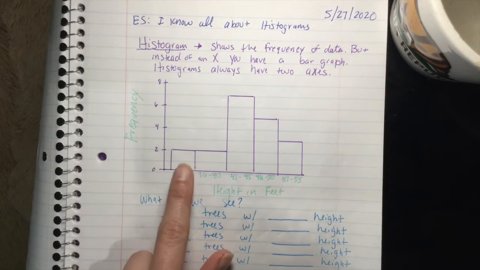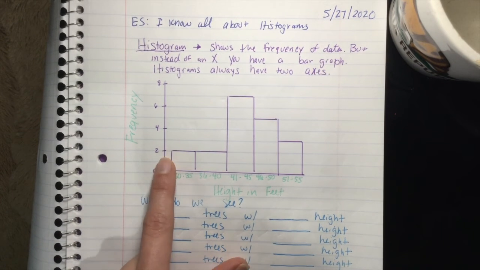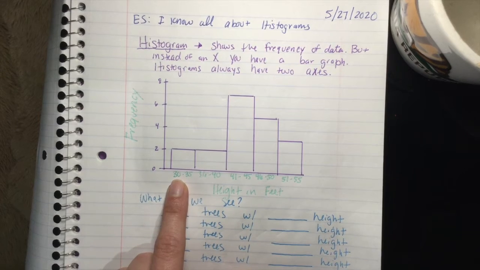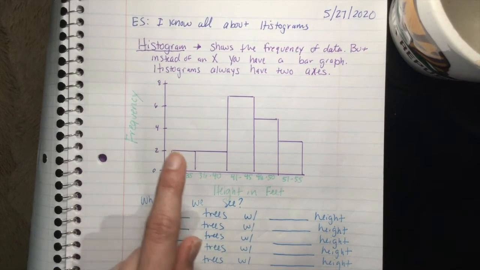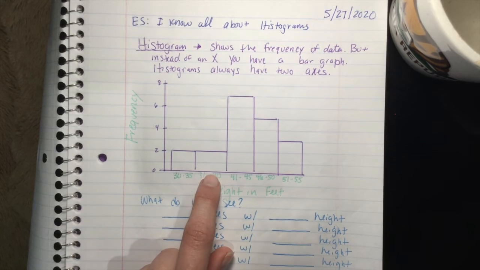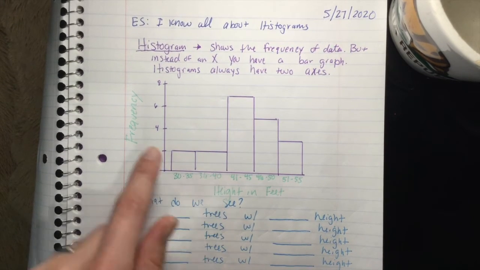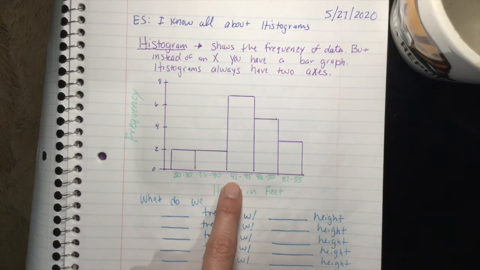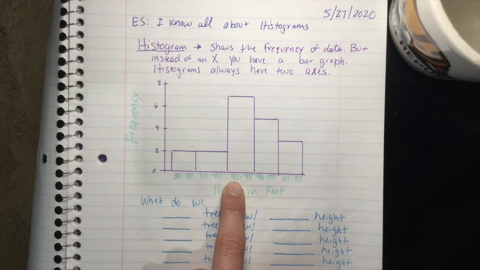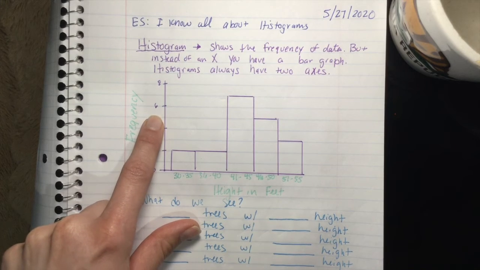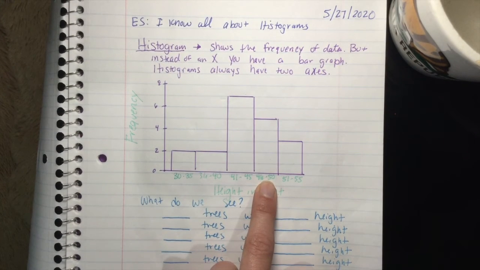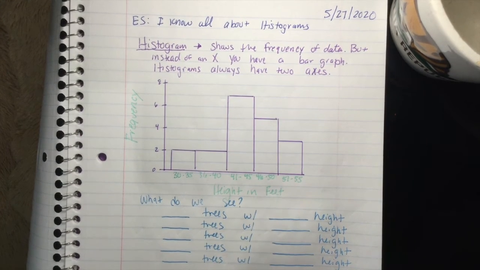Okay? So you have two trees that are the height between 30 and 35 feet. You also have two trees that are the height between 36 and 40 feet. You have 7 trees that are the height of 41 to 45 feet. And you have 5 trees with height of 46 to 50 feet.